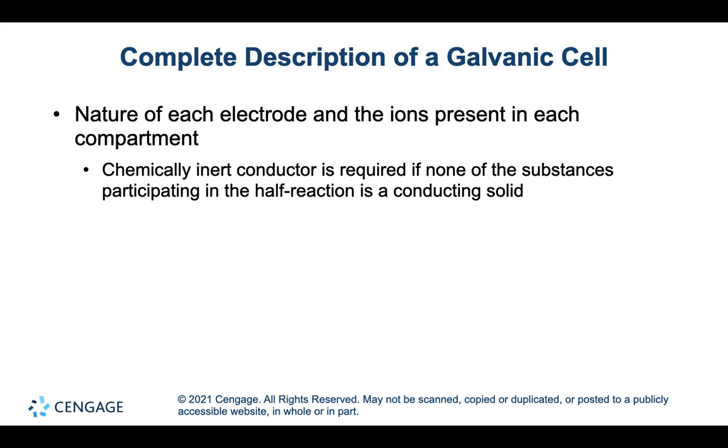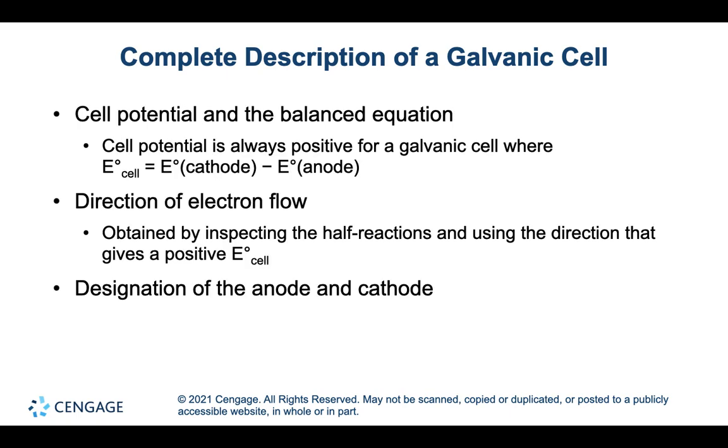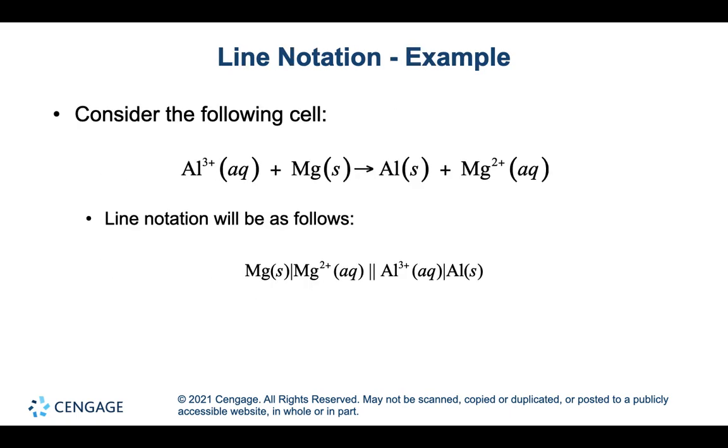If you don't have a piece of metal as one of the two reactions, like in this case we have a piece of metal. We have magnesium solid turning into magnesium plus 2 at the anode side, we have aluminum ion turning into aluminum metal at the cathode side. So we have a piece of metal that we can use for each electrode.